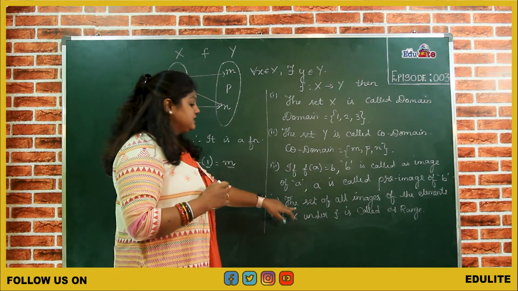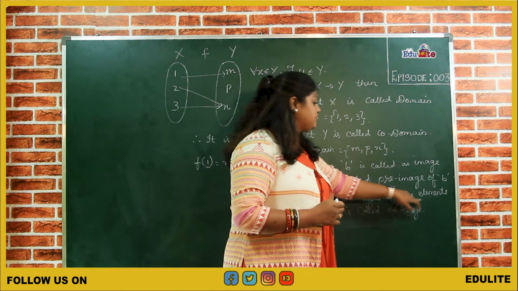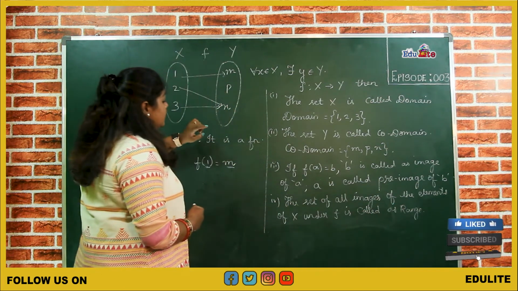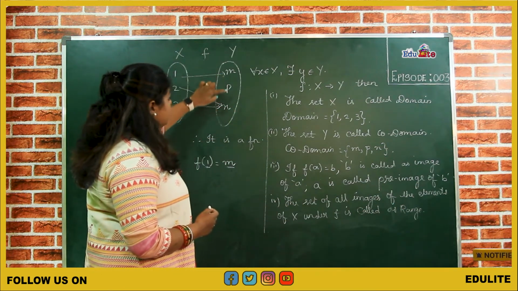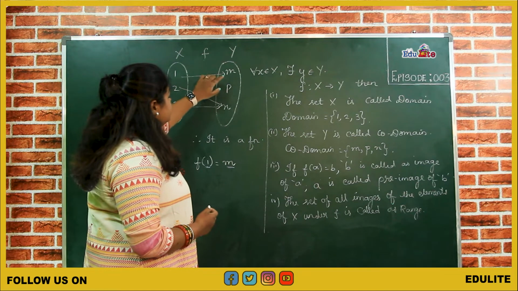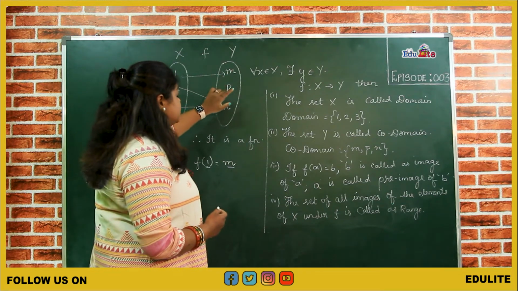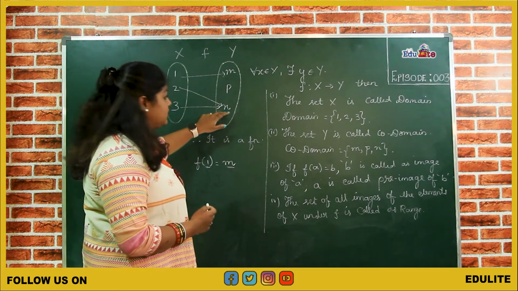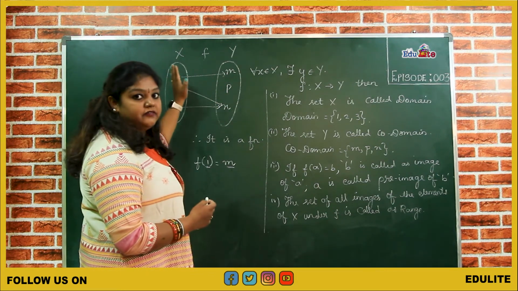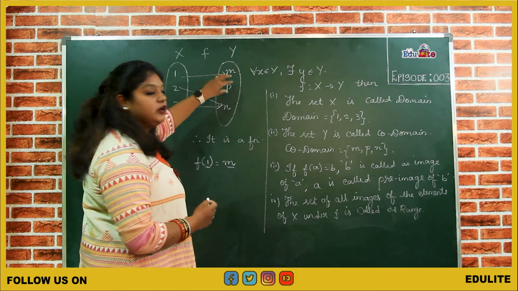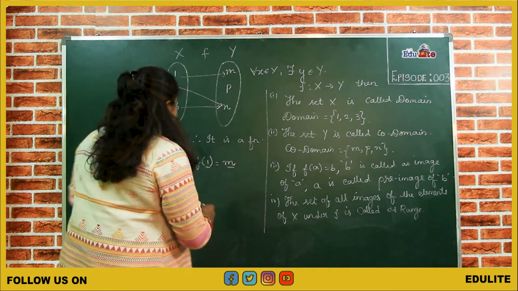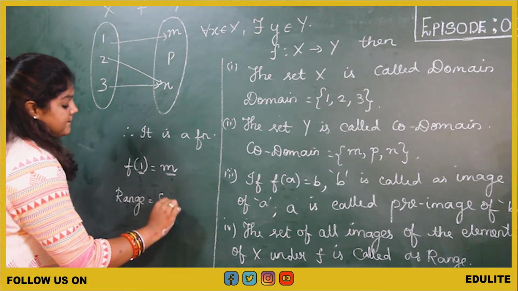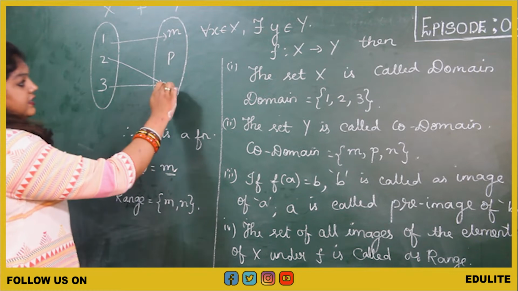What are the images? These are all the images, and whichever are images only will be considered as the range. See, M is an image, N is an image, whereas P is not mapped from any element in X. Therefore, we will not consider P. Range represents only M, N in this example.